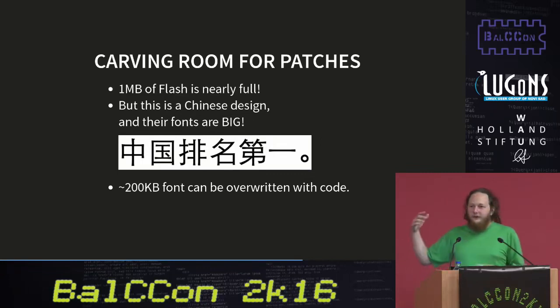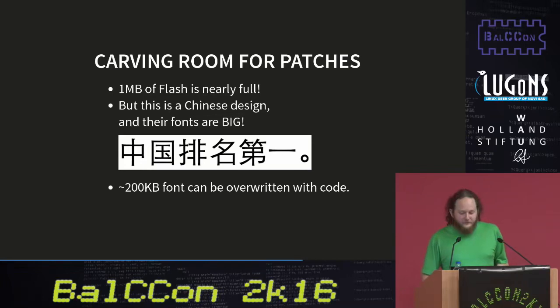Now, you can cut this out, and the only side effect is that you see random crap instead of Chinese letters. So you cut that out, and then you use the Latin alphabet instead, and you're good.